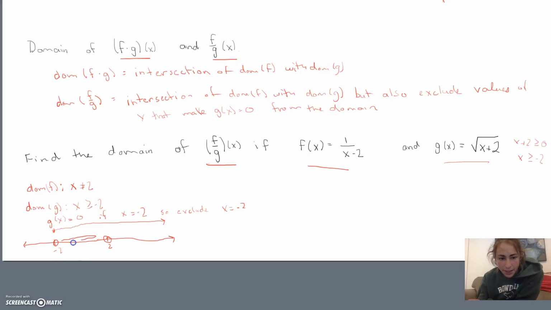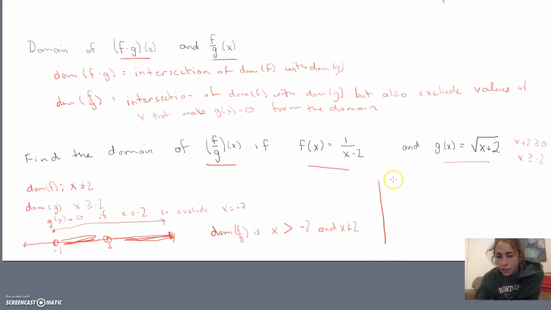So what's my domain? It's everything strictly bigger than negative 2, and excluding 2. So the domain of f over g is x strictly bigger than negative 2 and x not equal to 2.